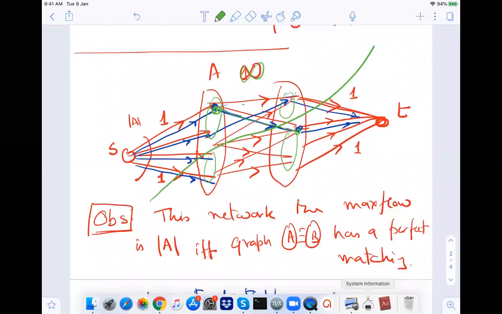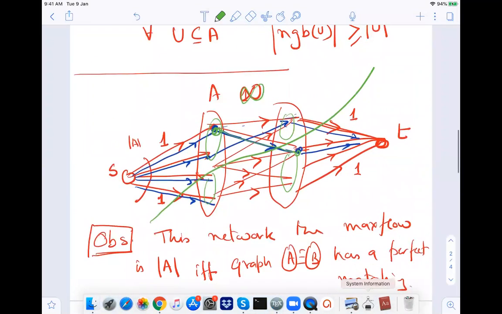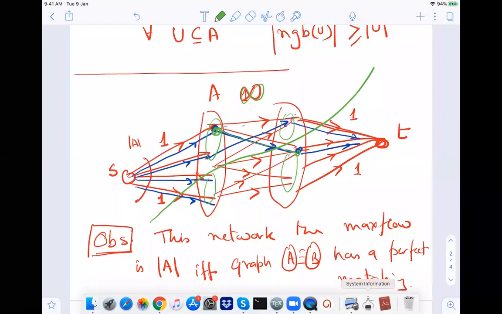So that will make the cut size much more than n. That is not possible. So I have an ST cut such that there is no edge from the S side to the T side, at least in this graph, but the total cut is of size less than n.